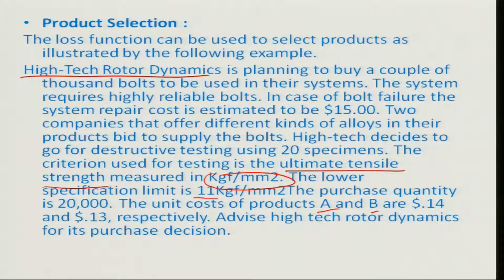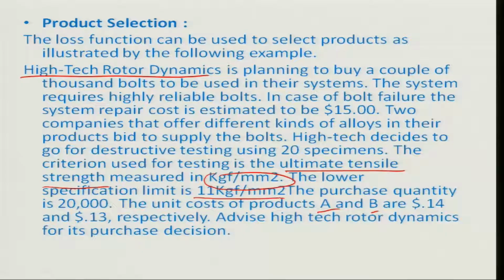There was a lower limit of this force, going below which would be critical and not acceptable in any case. And because it's ultimate tensile strength, we concluded that this would be a case where we'll use the larger the better kind of quality system to calculate the losses.